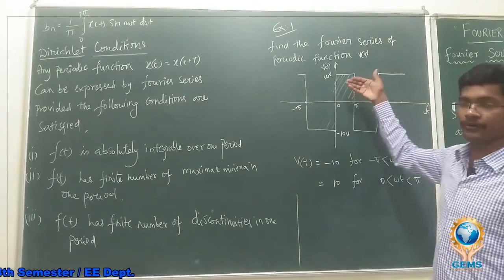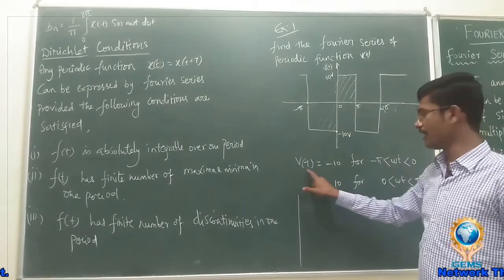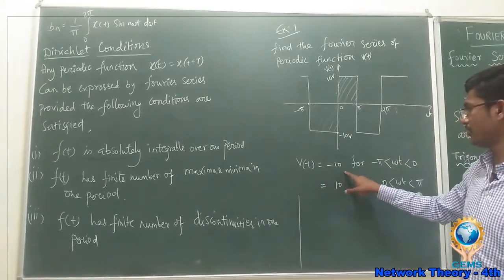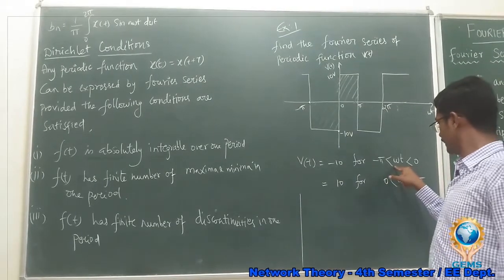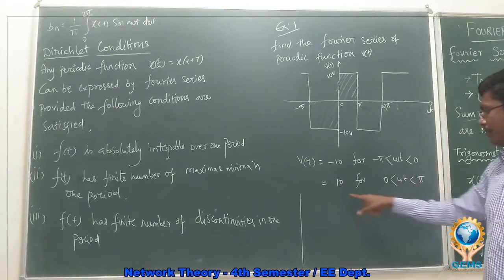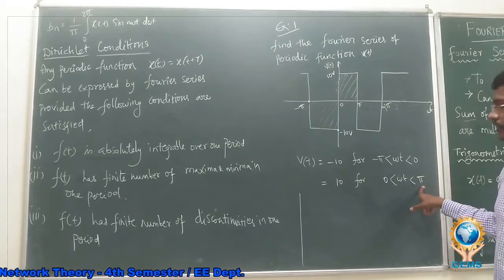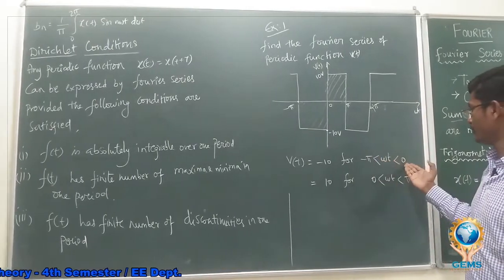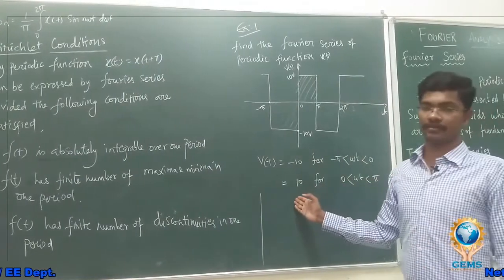Now if you write the equation of the waveform, it is v of t equal to minus 10 for minus pi less than omega t less than 0, and 10 for 0 less than omega t less than pi. So minus pi to 0 the value is minus 10, and 0 to pi the value is 10.